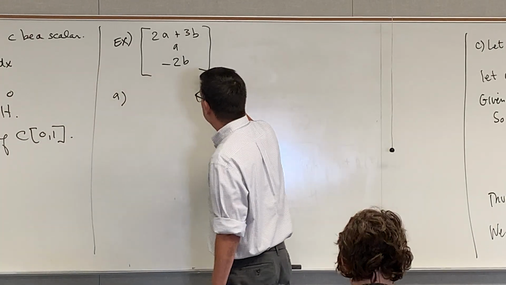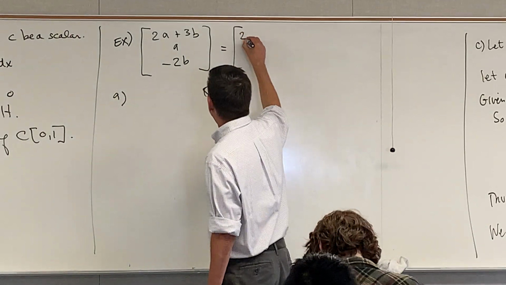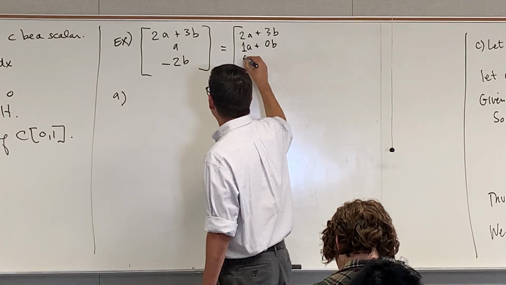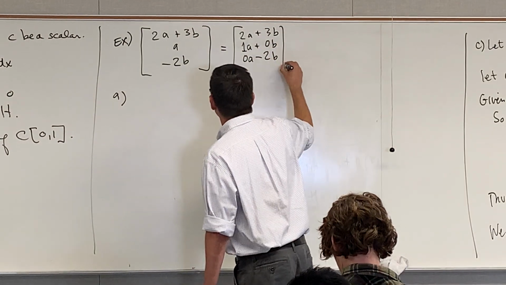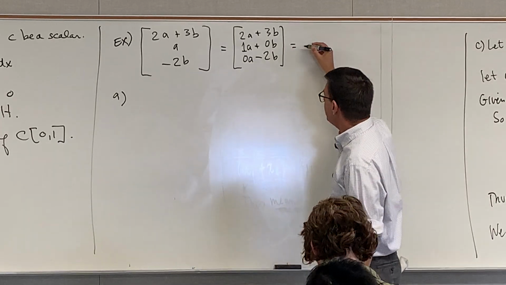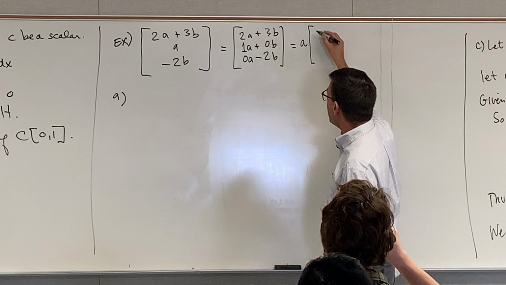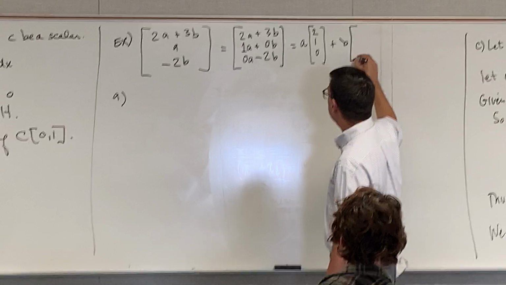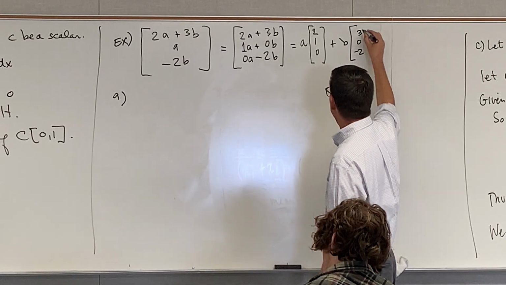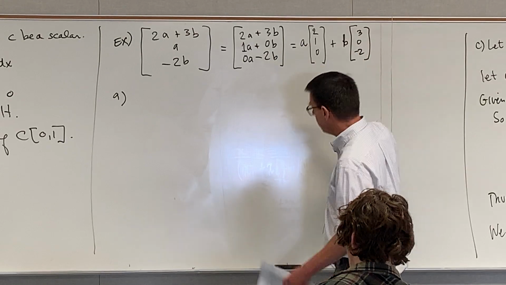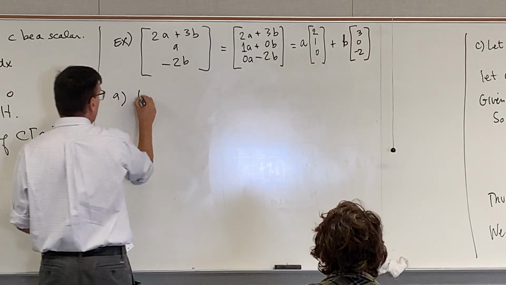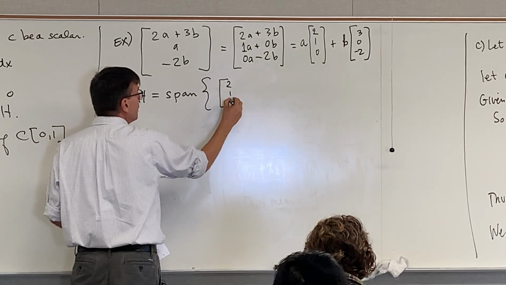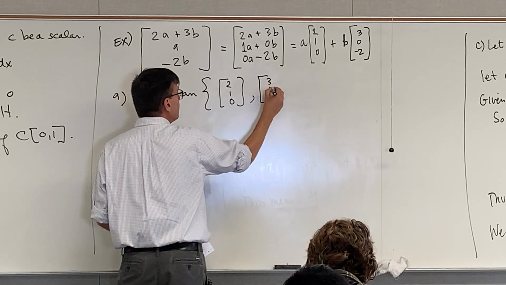Well, we know that we can think of this as 2a plus 3b, 1a plus 0b, 0a minus 2b. We've done this type of thing over and over. And that allows me to rewrite this single vector as a times (2, 1, 0) plus b times (3, 0, -2). That's it. So H is equal to the span of (2, 1, 0) and (3, 0, -2).